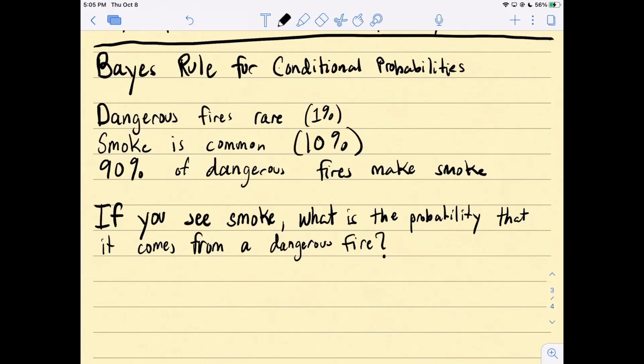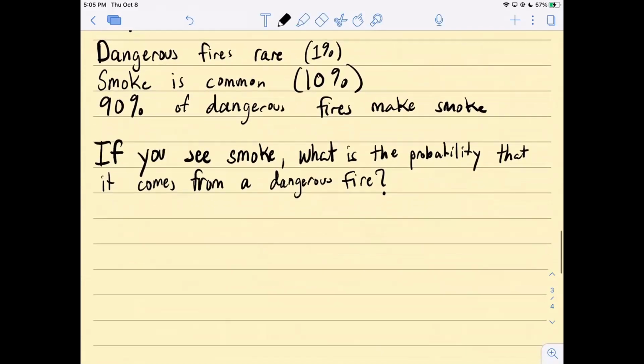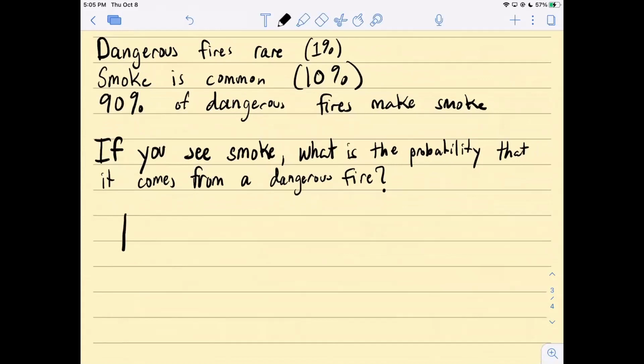So we have a small little circle and a big circle. There's some overlap because the dangerous fire circle also gives off a lot of smoke. So it's not a circle inside of a circle, but 2 circles that overlap. Let me draw this picture and hopefully that will help you get started.